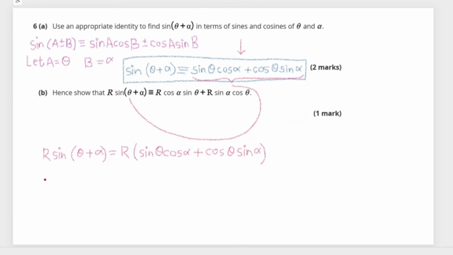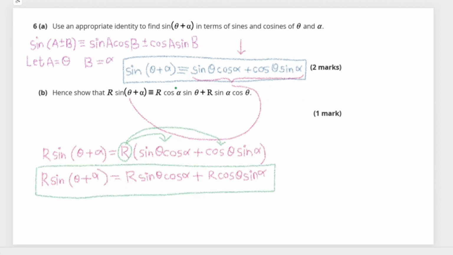Therefore we can say that r multiplied by the sine of theta plus alpha is equal to r times the sine of theta times the cosine of alpha plus r times the cosine of theta multiplied by the sine of alpha. So what we did is we multiplied the r outside the parentheses with the first term and with the second term. That is how we got to this final answer, and that is exactly what we had to prove.